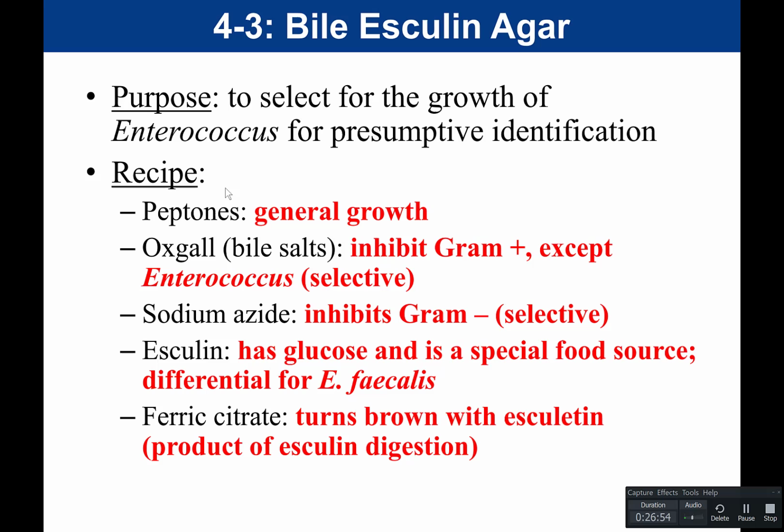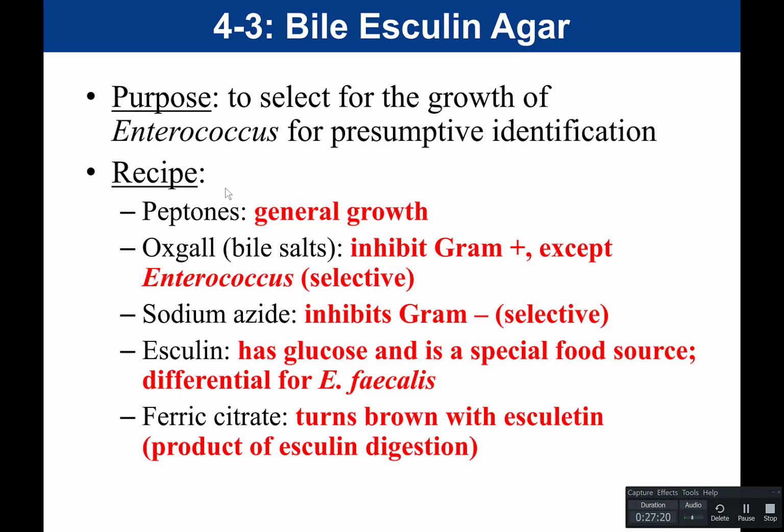So specifically for bile esculin, we're trying to presumptively identify Enterococcus faecalis. That's what we're presumptively identifying. So presumptive for E. faecalis specifically. You want to know the ingredients in this media. So review this slide, review these notes. You have to know these ingredients.